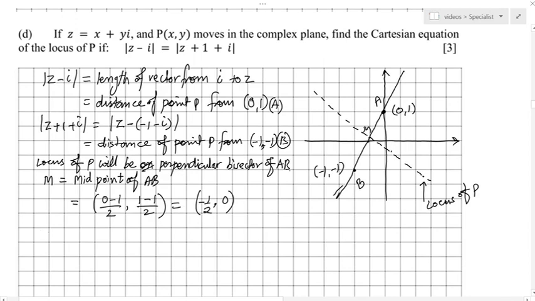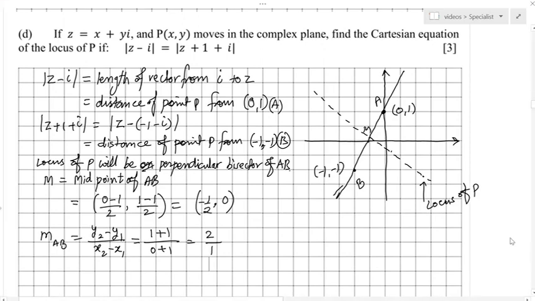Now you need to find the slope of line AB. If you remember, slope is y2 minus y1 over x2 minus x1. Simple enough. If you do it, 1 plus 1 divided by 0 plus 1, which becomes 2 over 1.